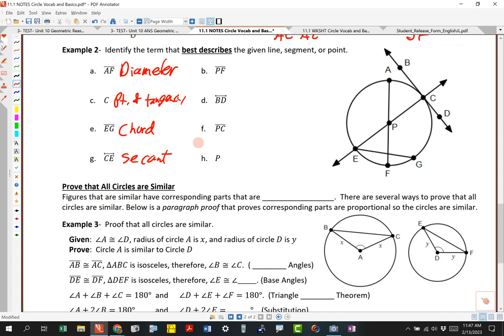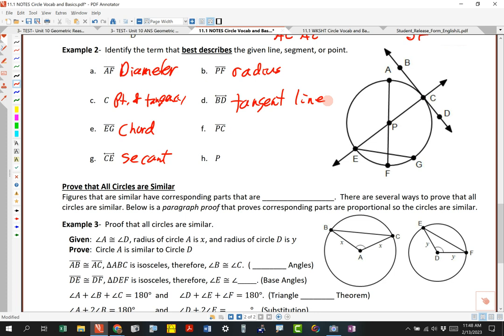PF. Megan, what do you think? From P to F. A radius. Radius, perfect. Notice the lines. BD. Lydia, what do you think on BD? Tangent, very good. Tangent line, I like that, adding the line.